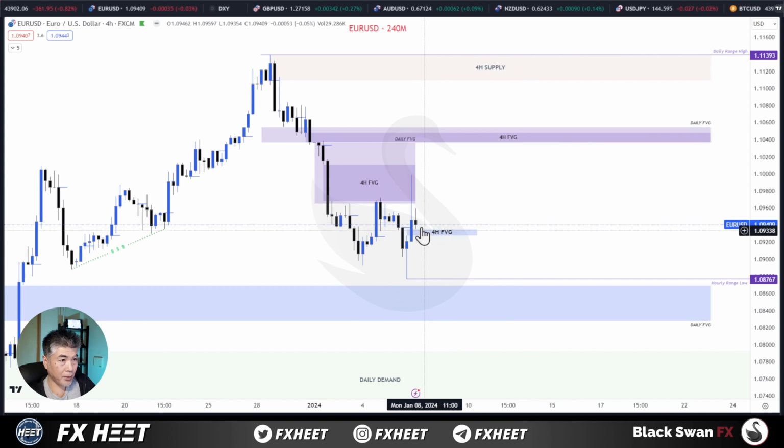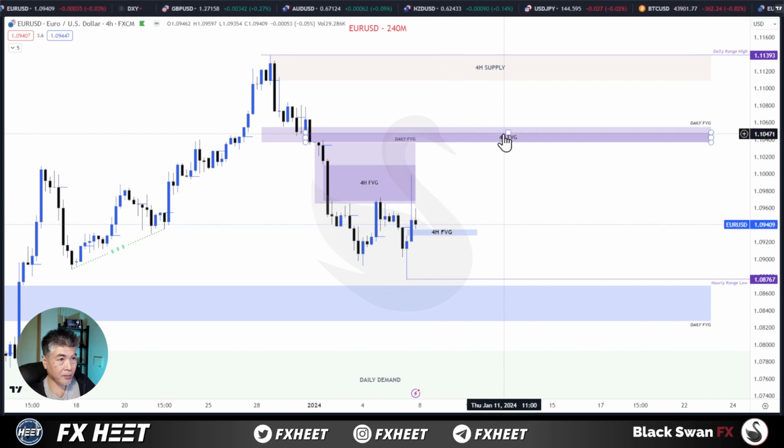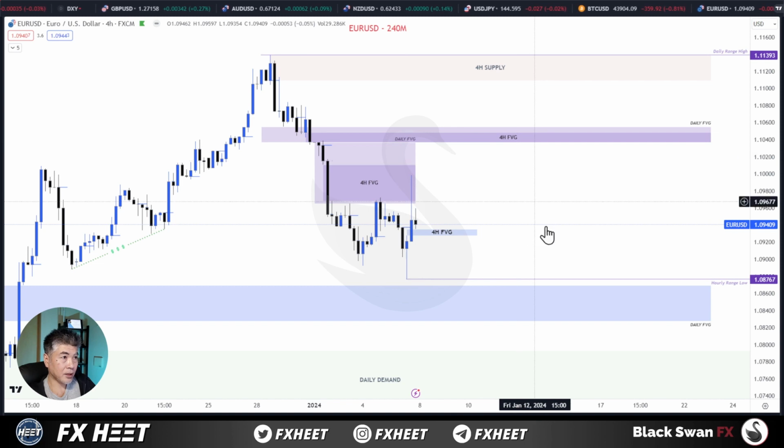So it could come back for that before pushing to the upside, or may push to the upside, then come back for it later, and then turn around and target the highs.